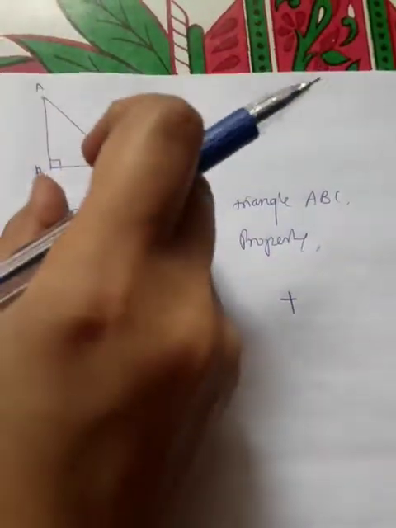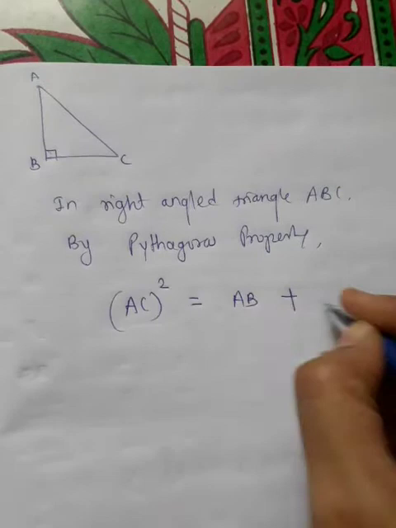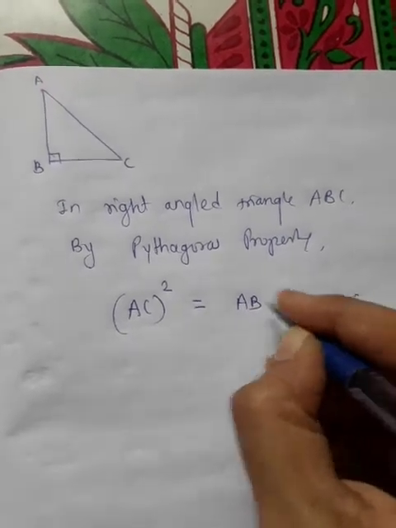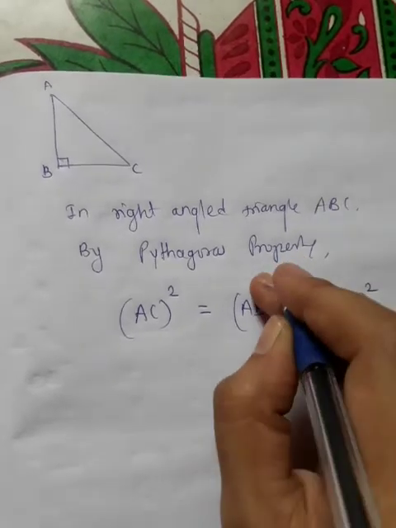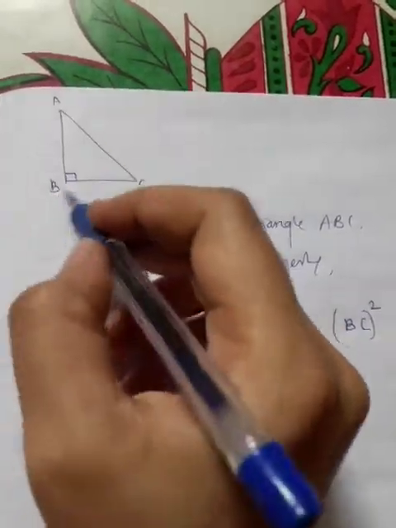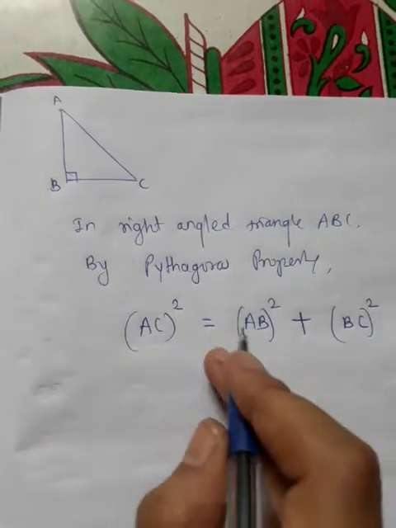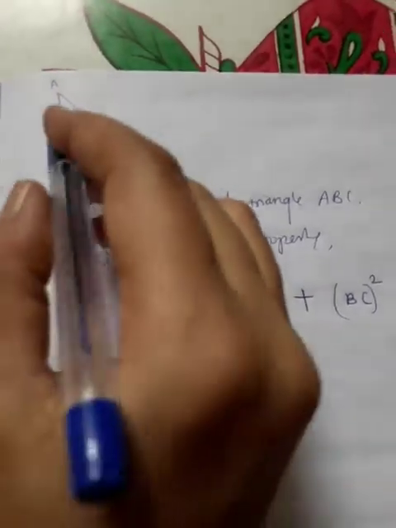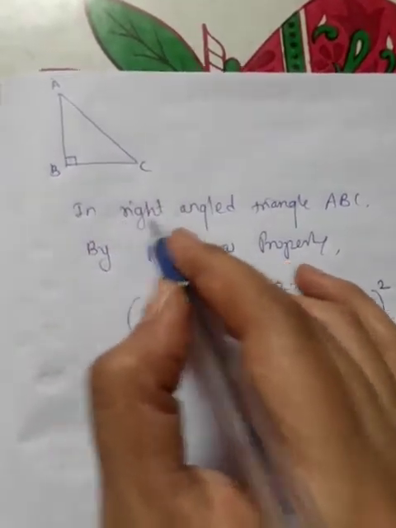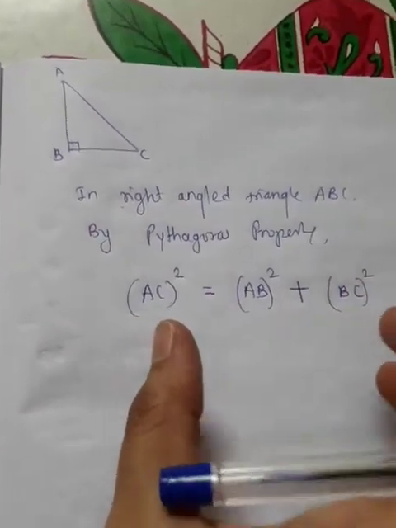Here AB and BC are legs. So the sum of squares of legs. So in triangle ABC, AC square is equal to AB square plus BC square. For every right angle triangle, this property holds.